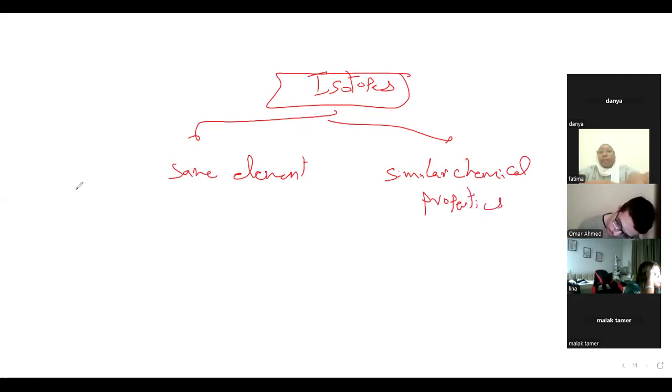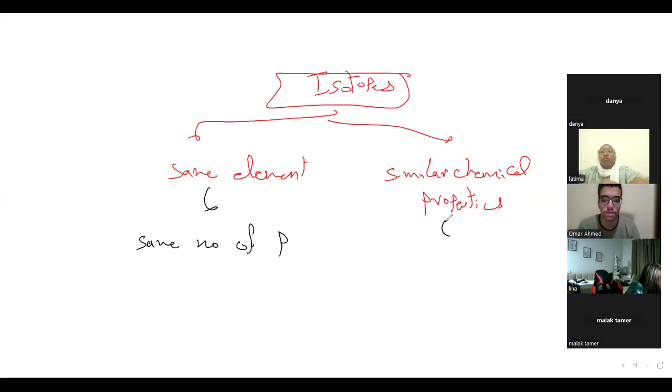Why they are same element and why they have similar chemical properties. They are same element because they have same number of protons. And they have similar chemical properties because they have same number of electrons in the outer shell.